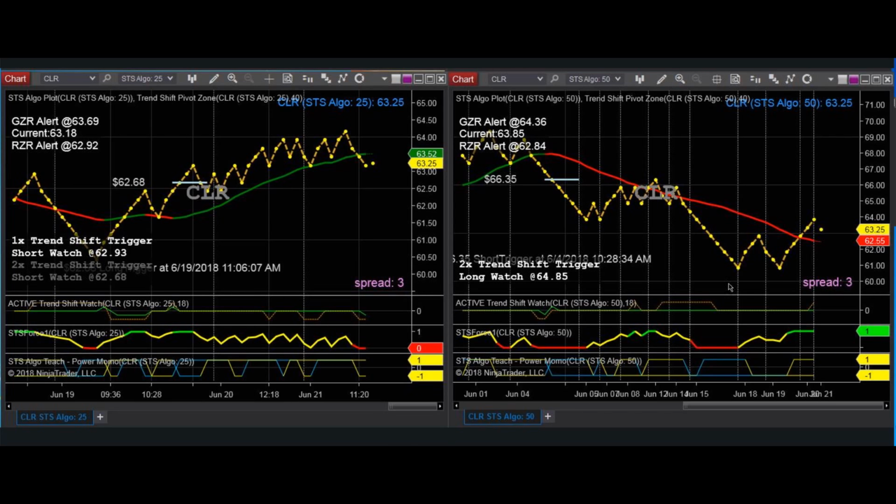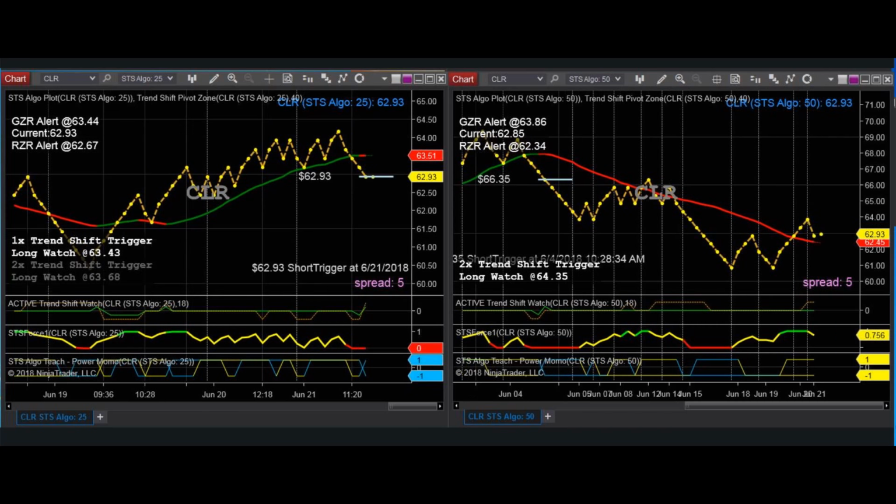When we get this next closed increment down, this price changes. Now, when we close down here, now we've projected to go long at 64.35. We've dropped our long watch price 50 cents earlier, will now shift the trend.